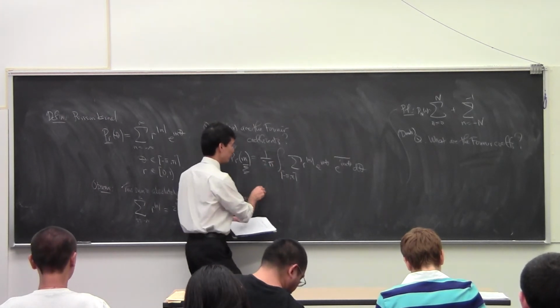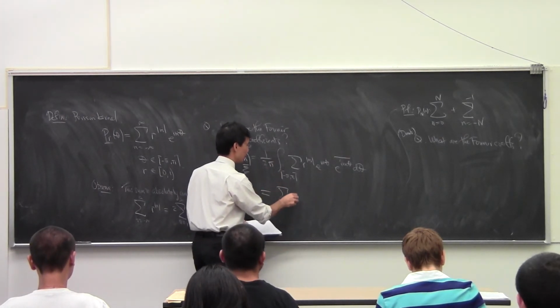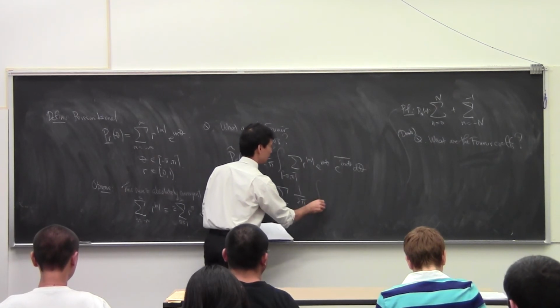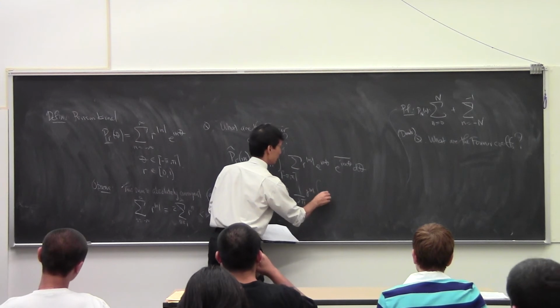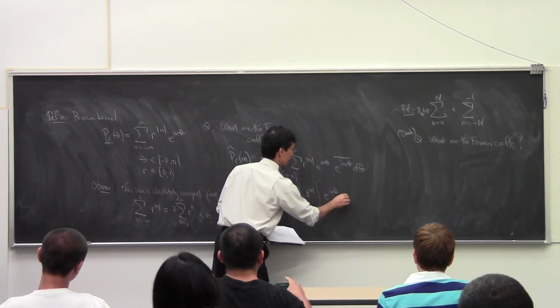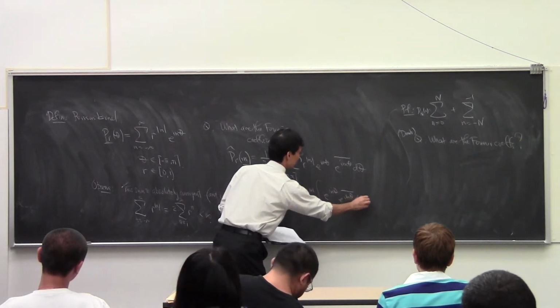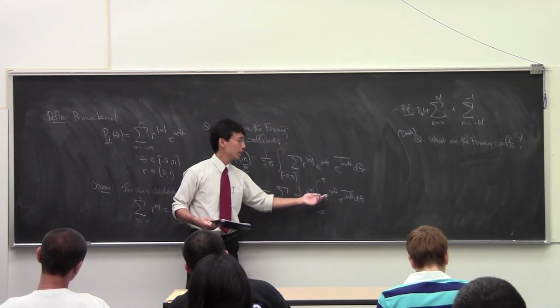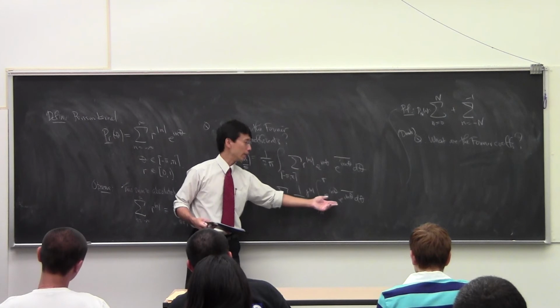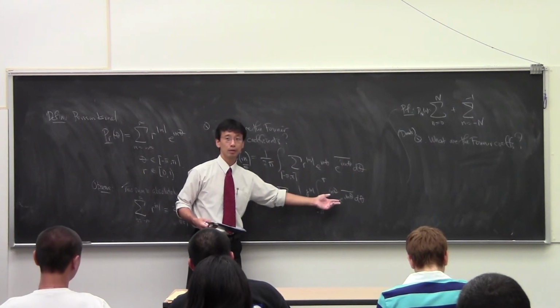We said that this is equal to the sum of r to the n, e to the i n theta, e to the minus i m theta, d theta, right? And then we use the orthogonality of these guys, right?